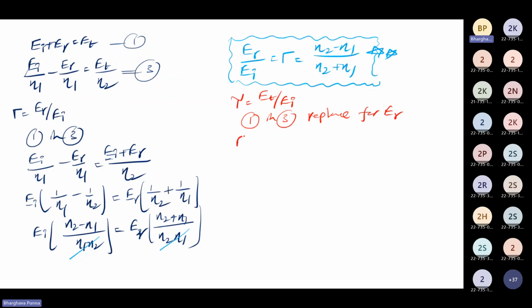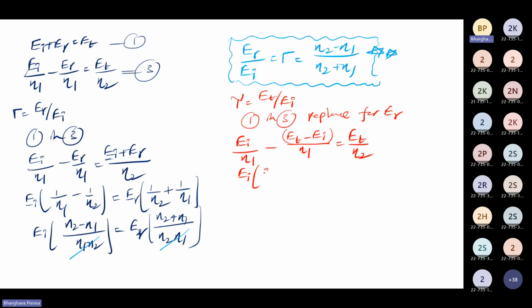So I can write like this: Ei by eta 1 minus, in place of Er, we can write Et minus Ei from equation 1. So (Et minus Ei) by eta 1 is equal to Et by eta 2. Write all the Ei terms at one place: Ei by eta 1, and minus into minus gives plus Ei by eta 1.